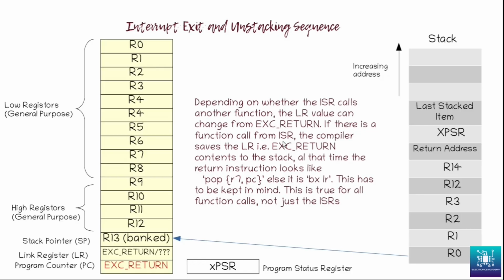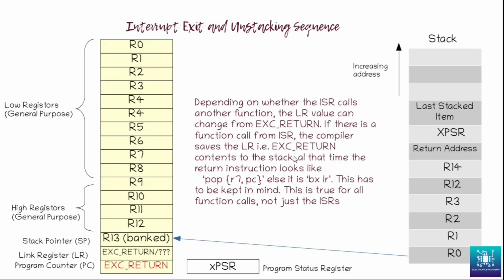But what the compiler does in that case is, by default, whether it's an interrupt service routine or not, it saves two values. So R7 is a register which the GCC compiler generally uses for stack pointer manipulation, and it saves the link register onto the stack if any function, including the ISR, is calling another function.